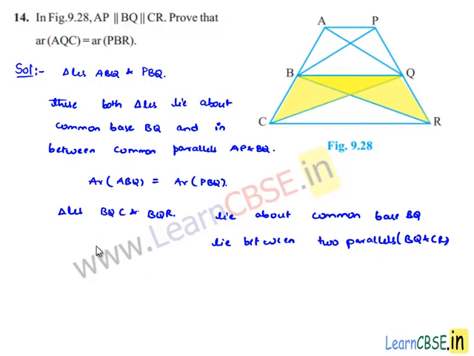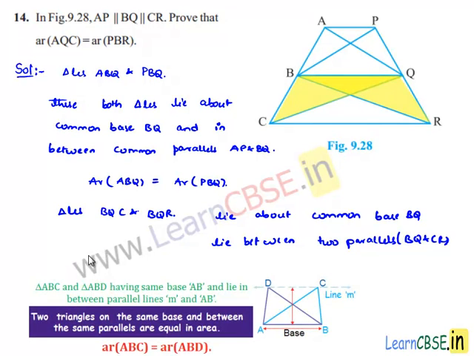Therefore, we know that if two triangles lie between the same parallels and on the common base, their areas will be equal. Therefore, area of BQC will be equal to area of BQR.